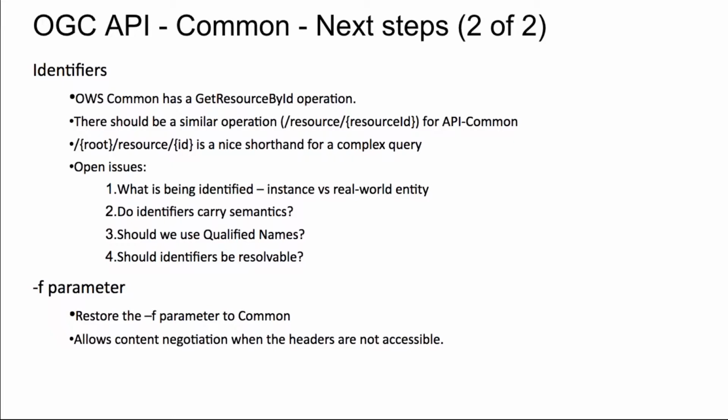Having identifiers helps us do that. If for no other reason, it greatly reduces the size of the URL and simplifies the URL that uniquely identifies the resource you're pointing to. Now, it happens that in the OWS Common, which is the web services analog to API Common, they have something called Get Resource by ID, which is something that all OGC web services are supposed to implement. I say supposed to.